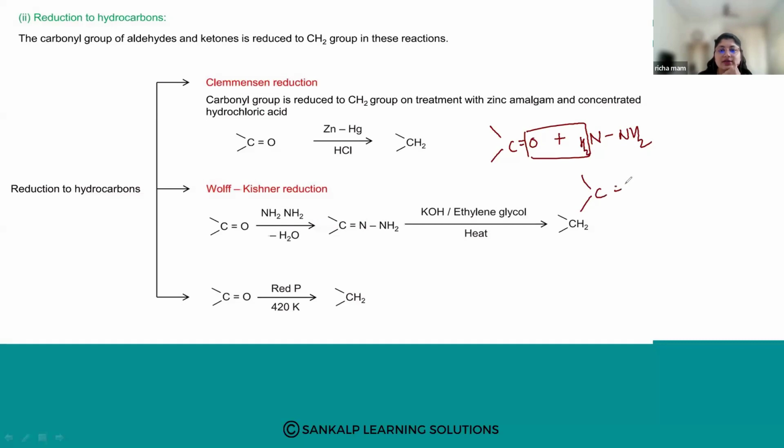It forms a double bond to N-NH2, so it forms the hydrazone system. This hydrazone, we further treat with potassium hydroxide in the presence of ethylene glycol and heat it to give CH2. We get a hydrocarbon. Fine. Let me give you an example.